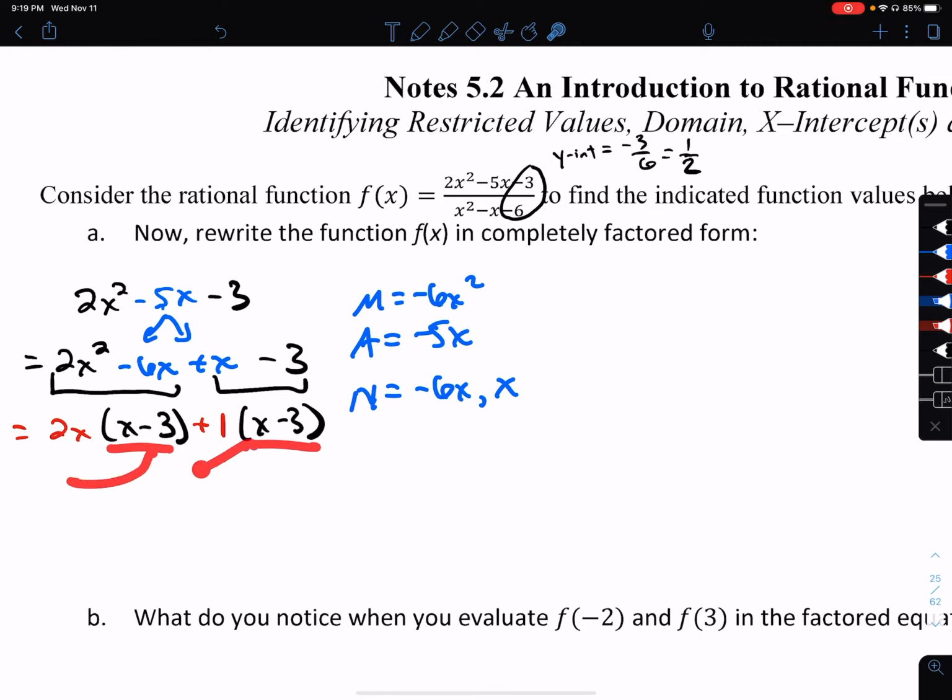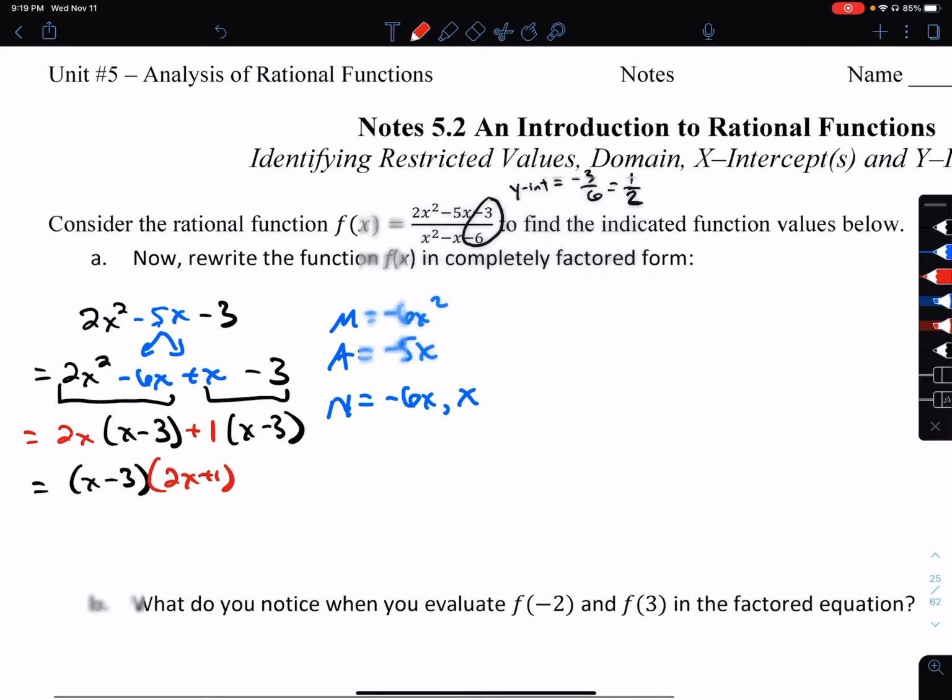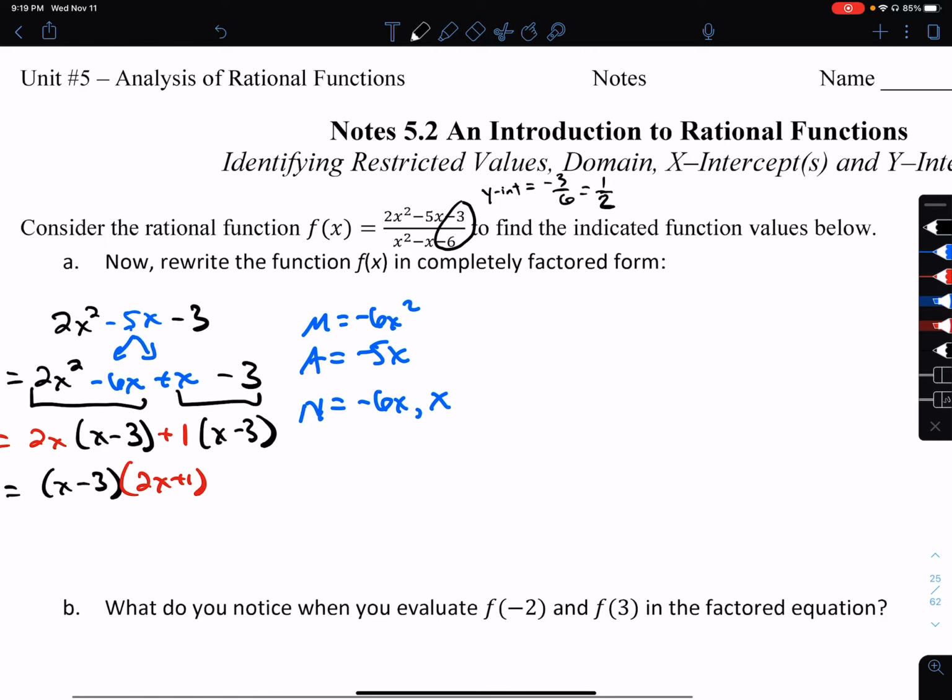So that GCF we can factor out to the front, leaving us with another binomial of 2x plus 1. So in completely factored form, the numerator of f of x is going to factor into a binomial x minus 3 and a binomial 2x plus 1.